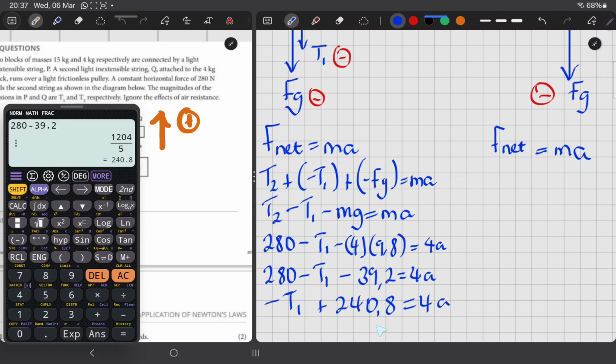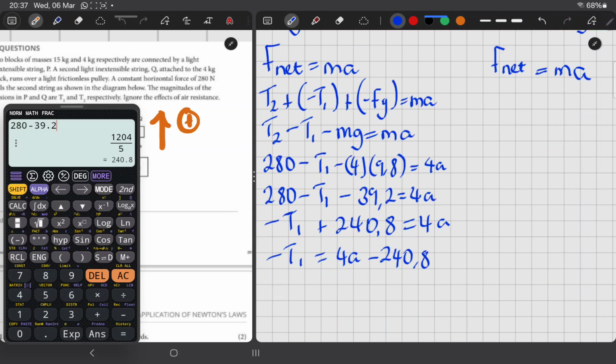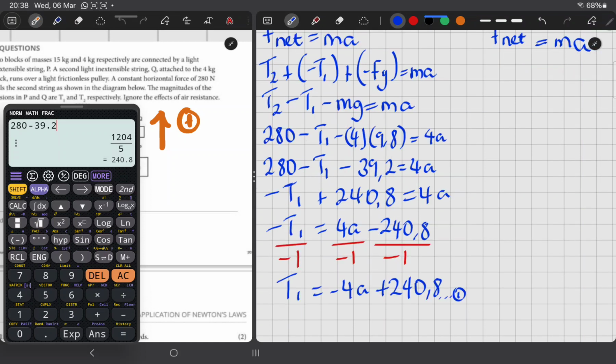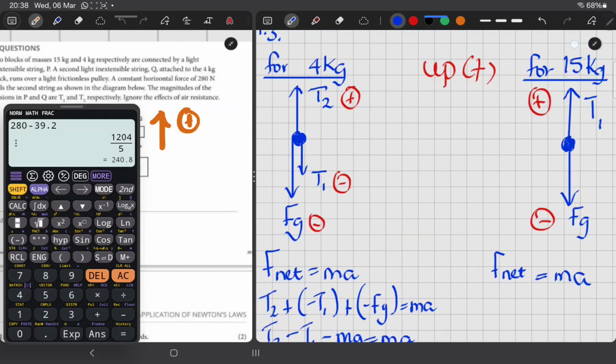Now I'll make negative T1 the subject of the formula. And after that, I can just divide by -1 so that my T is positive, which is the tension. I will therefore end up with T1 being equal to -4a plus 240,8, and that would be my equation 1.